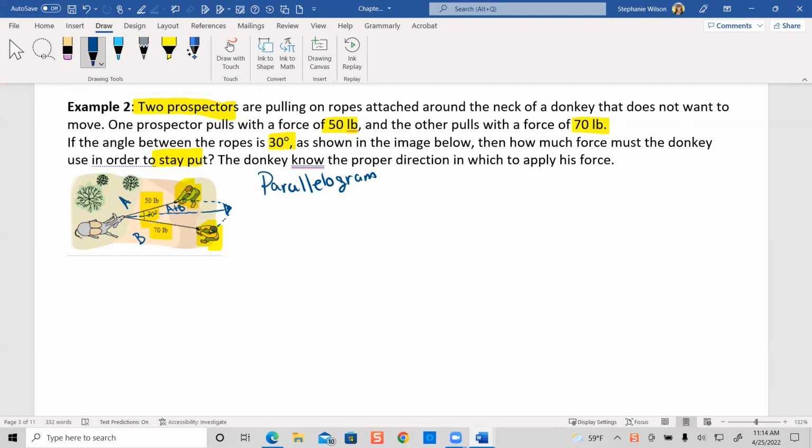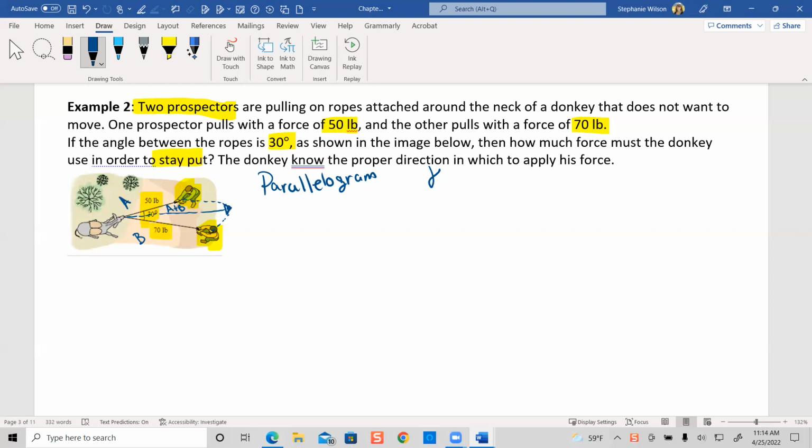And let the force exerted by the bottom prospector, 70 pounds, be the magnitude of vector B. So we're going to call it vector B. The combined force of the prospectors is the resistance, A plus B. So we got that all labeled here. Now we're going to find the measure of the angle gamma.